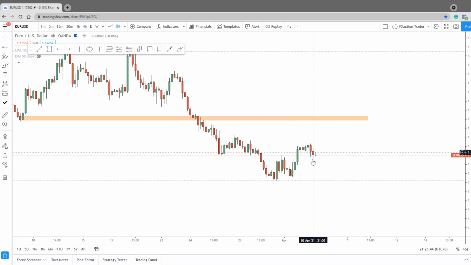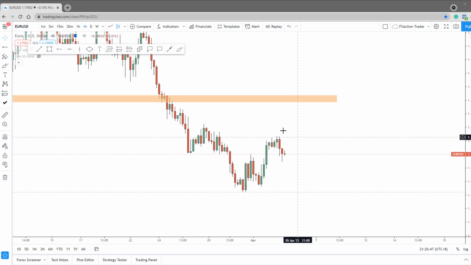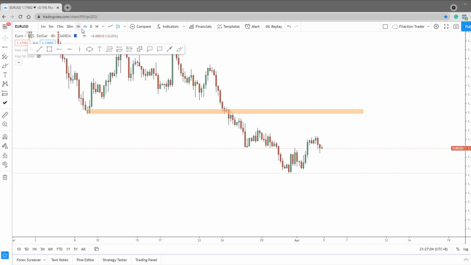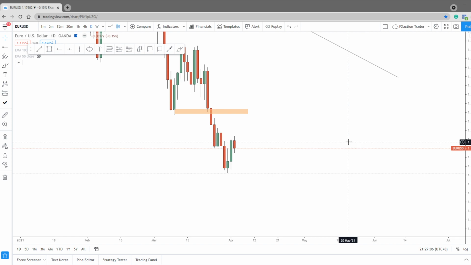So for the current time being, market is now more bullish than bearish. So if we are going to look for a sell signal, we need to wait for sellers to start selling in this market. So where are the zones that sellers are likely to put in their short trade or sell trade?